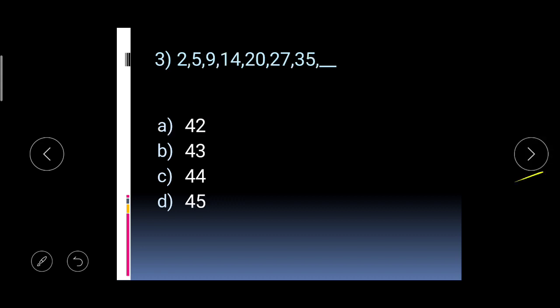Next type. 2, 5, 9, 14, 20, 27 and 35. Whenever you see the rising rate is not very fast, you always start by taking the difference. So, the difference is 3, difference is 4, difference is 5, difference is 6, difference 7, difference 8.